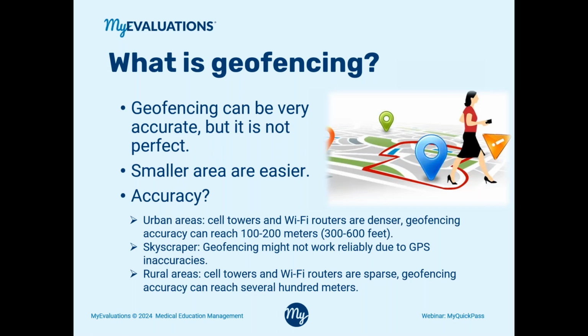So with the current settings, our clients that have been using the service have gotten excellent results. Now, if you're in an urban area that happens to have a lot of skyscrapers like, let's say, Chicago and New York City, in that case, geofencing might not work reliably, and that all has to do with GPS inaccuracies.